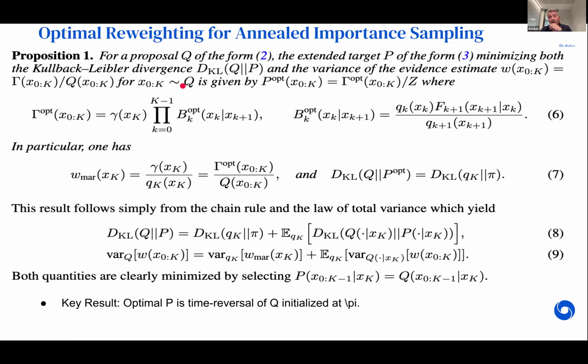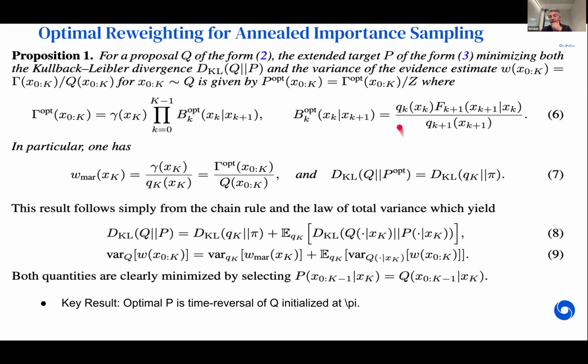Okay, and if you do that, it's a simple calculation to show that what you should pick is an extended target distribution whose final time marginal is basically pi of x_K, with backward Markov transition kernels defined by the time reversal of the forward dynamic.